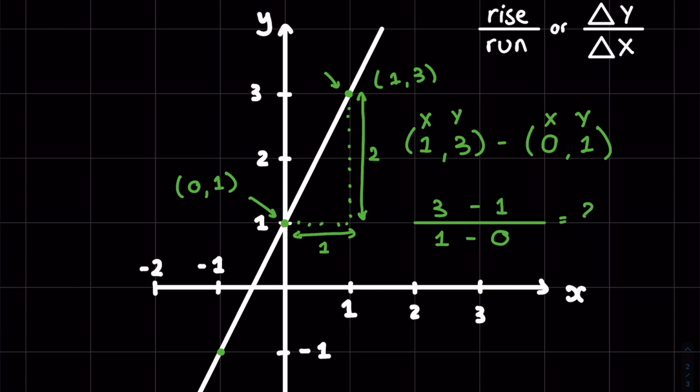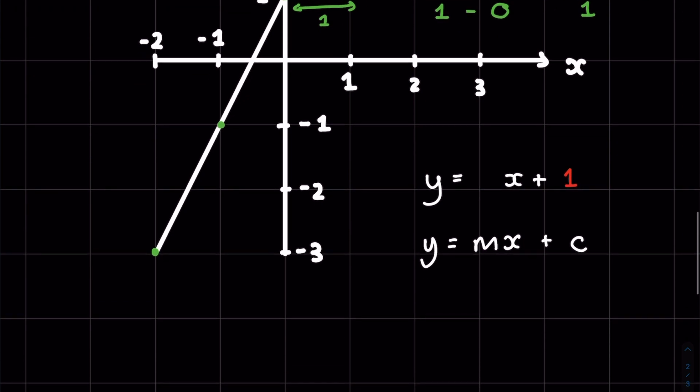So ultimately, we have 2 over 1, which gives us a gradient of 2. So our line, for every 1 along, goes 2 up, which makes sense, because that is what our graph is doing. So our final equation of the line is y equals 2x plus 1.